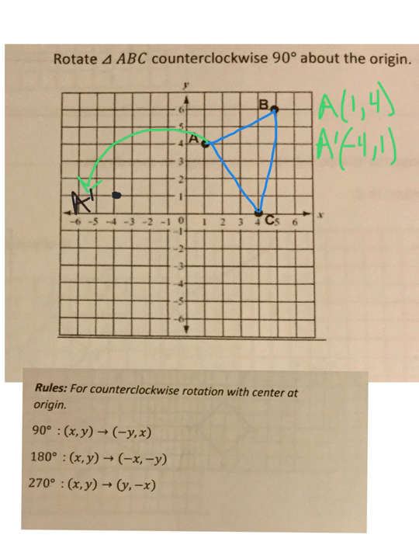Let's do the same thing for B. B is the ordered pair 5, 6, so B prime is going to be the ordered pair -6, 5. This is where B prime will live.